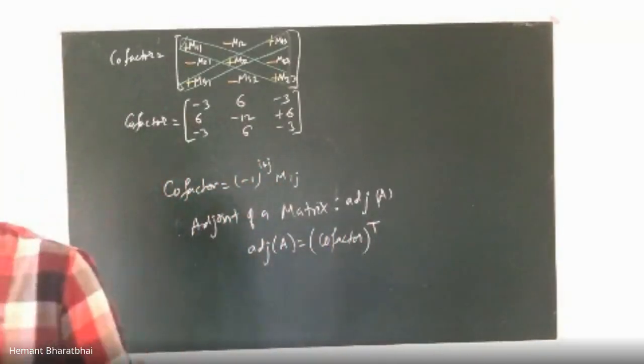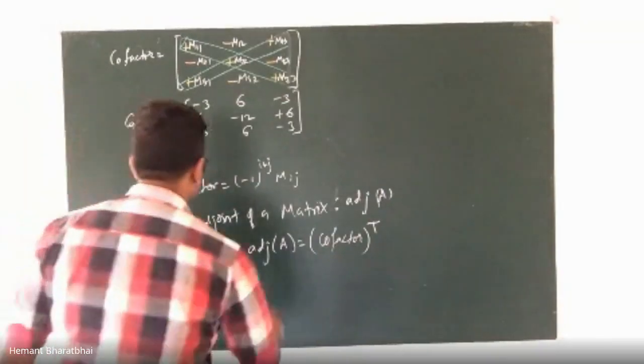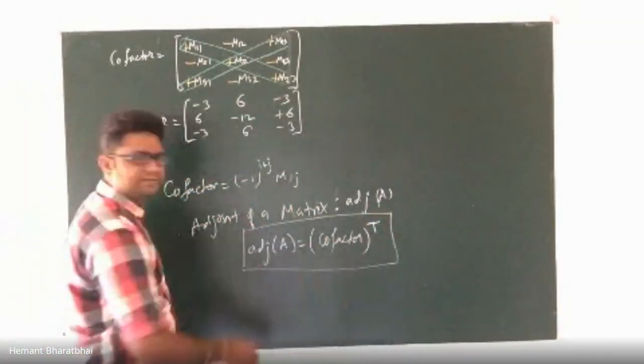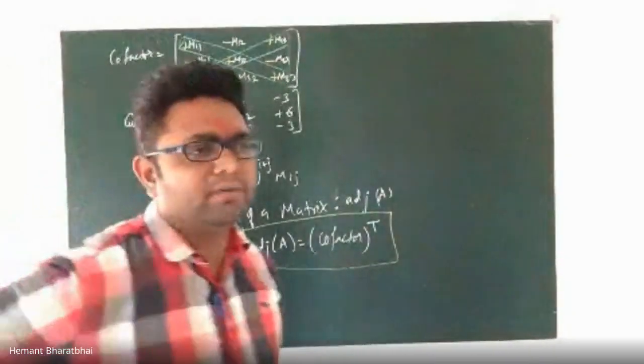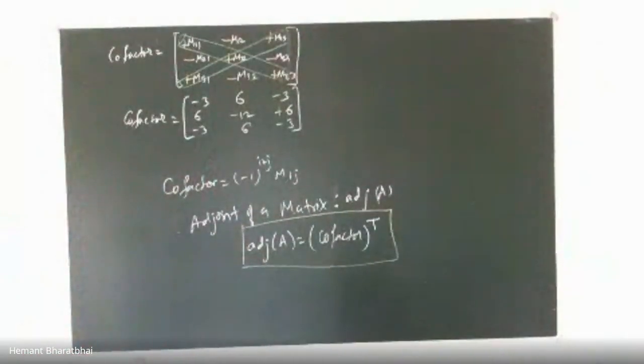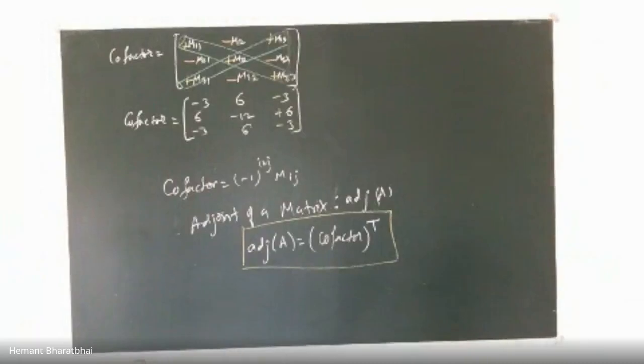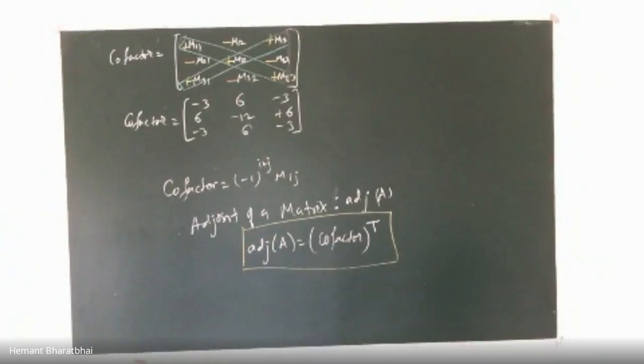And that is why we have studied this also. So if you want to find the adjoint of a matrix, you have to take the transpose of the cofactor matrix. For that you need the minors of the matrix, because cofactor is nothing but the sign convention applied to the minor matrix, and when we take the transpose of the cofactor matrix, we get what we call the adjoint of a matrix.